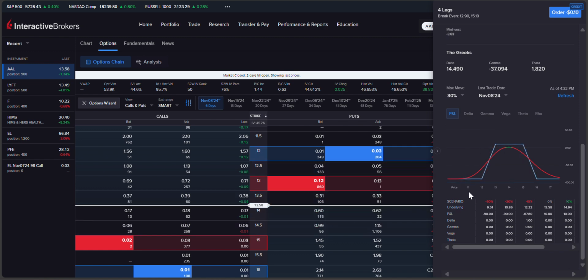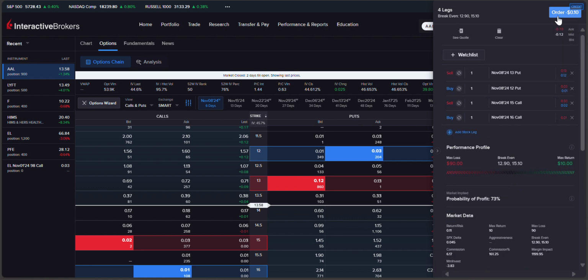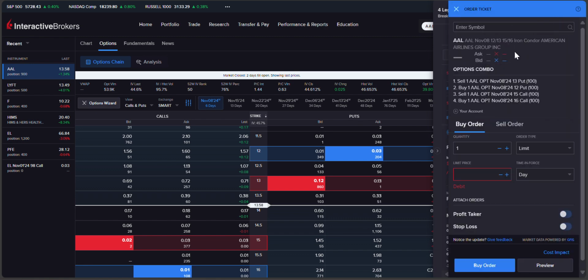But in order for this to happen, you have to make sure that the stock price will finish within this range, because otherwise you may lose money. And so this is the way to do it. If you go ahead, you will see that the platform calls it an iron Condor right here.